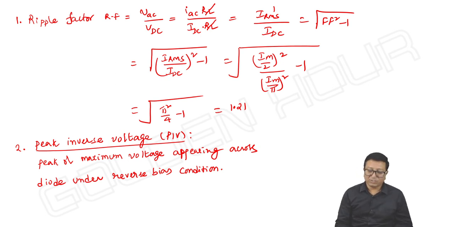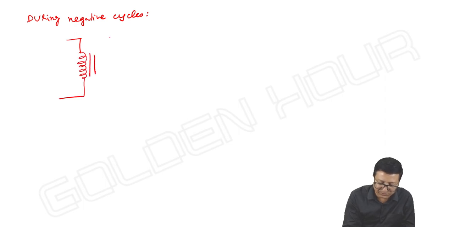So reverse bias means during negative cycles only the diode is reverse biased. Let us take during negative cycles. We know during negative cycles diode is off, so the equivalent circuit we take is this way.